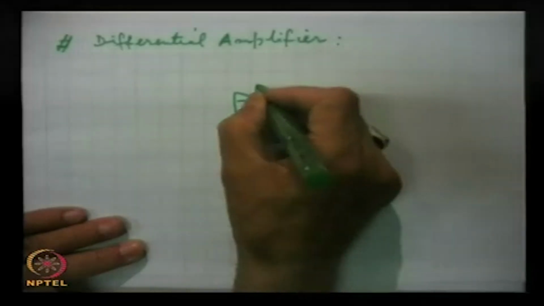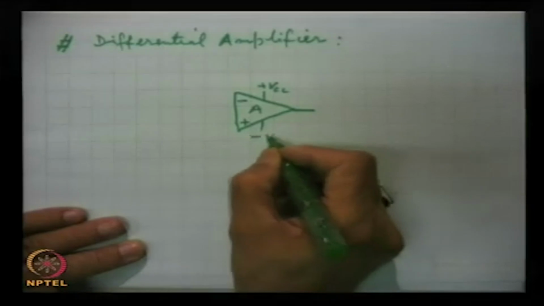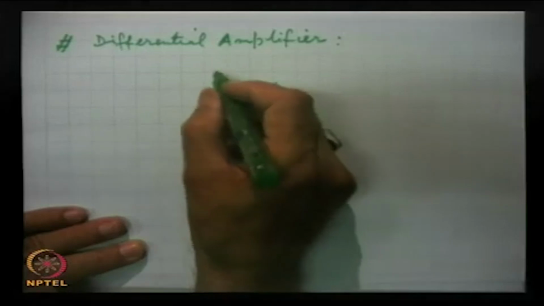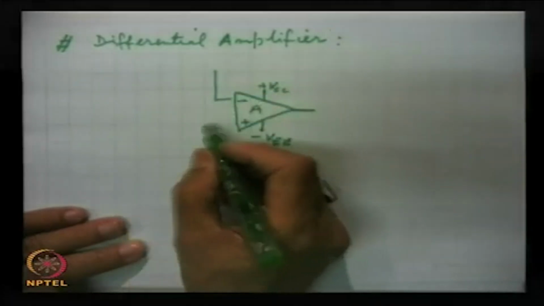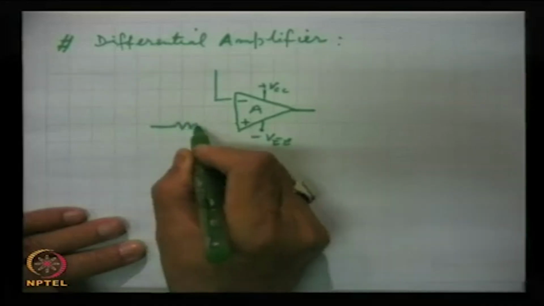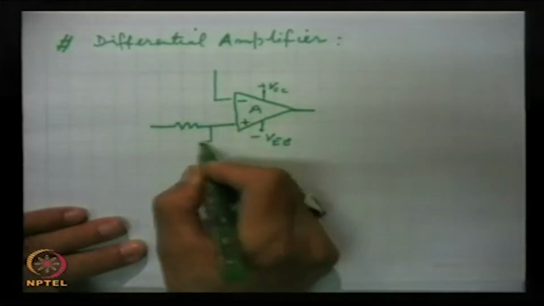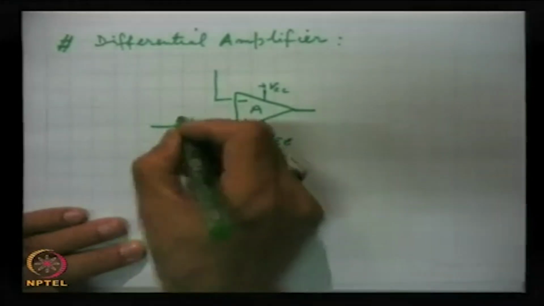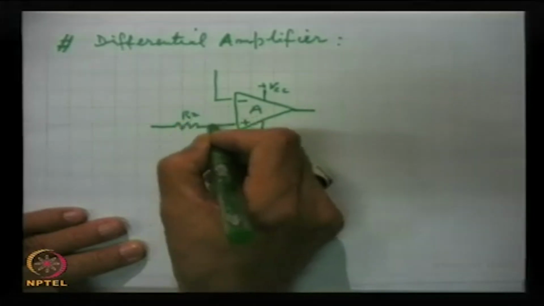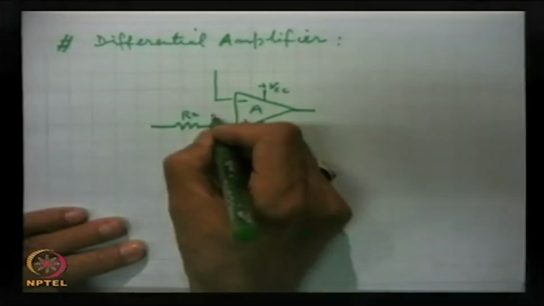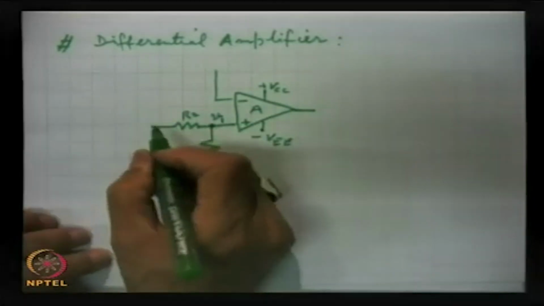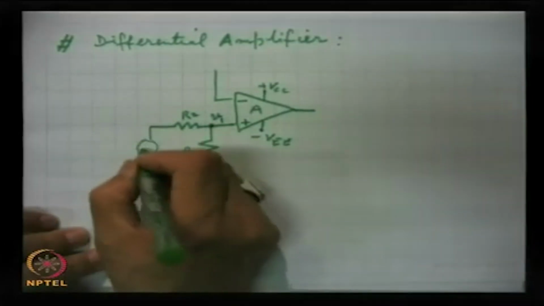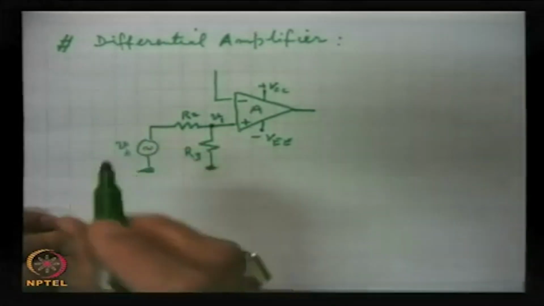The batteries, and now here we connect R3, R2, and this input voltage is V1, and here we apply the signal source VB.